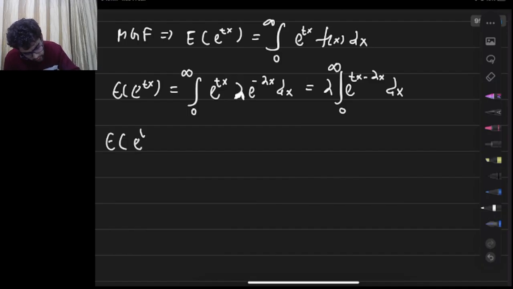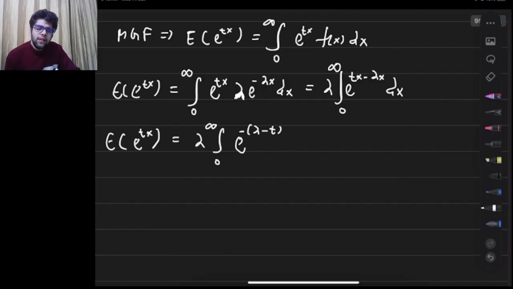The expected value of e to the power tx now becomes, if I keep lambda outside, the integral from 0 to infinity of e to the power, taking a negative sign out, minus lambda minus t times x dx. So t is effectively less than lambda, right?